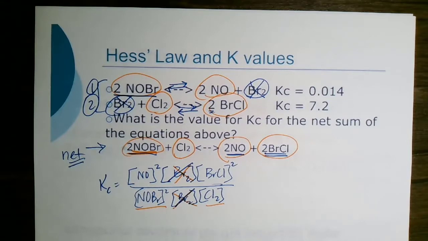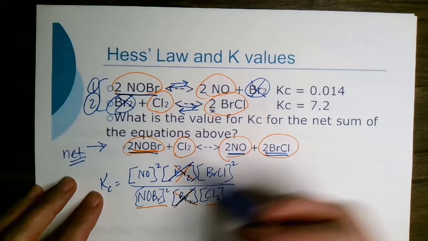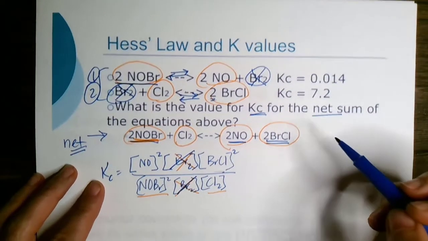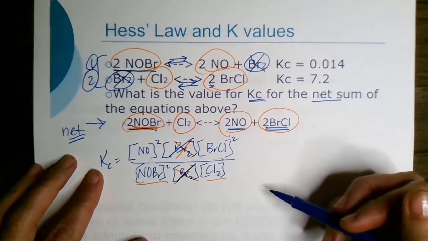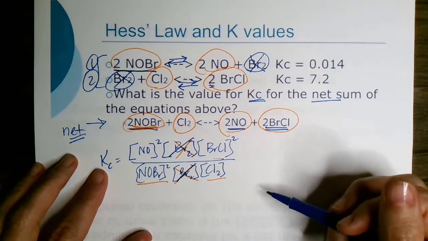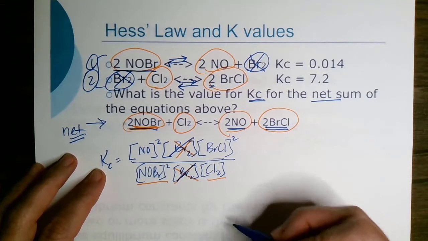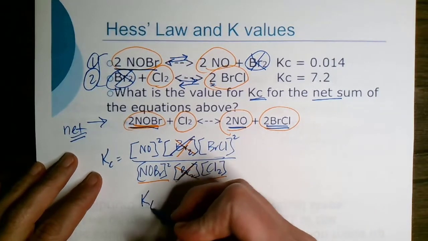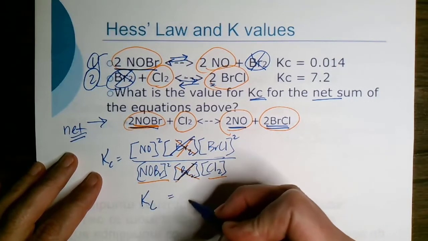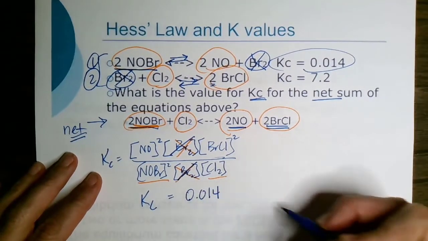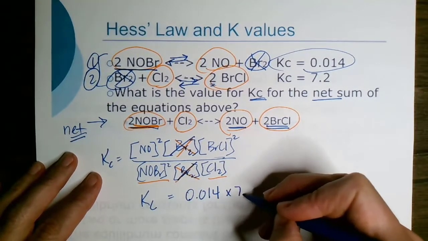Now, when I am looking for the net constant, it's a little different from when we use Hess's law with finding delta H. When we're finding the net constant, we multiply the Kcs. So we're just going to take 0.014 times 7.2.